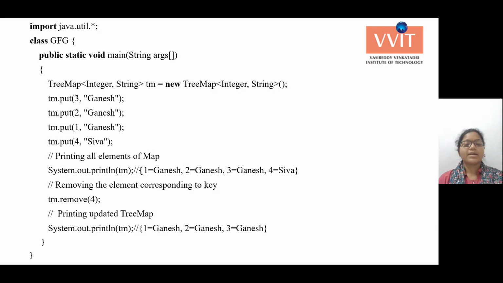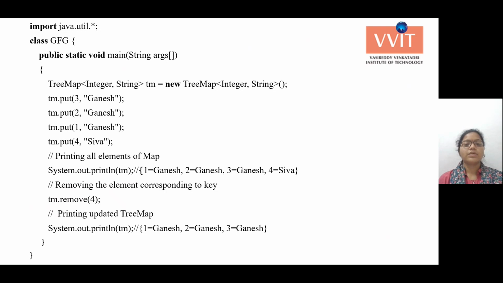See here, I'm taking a small example for inserting and deleting key value pairs from the TreeMap. I'm initiating a TreeMap using a simple constructor. Here I'm using keys of integer type and values of string type.